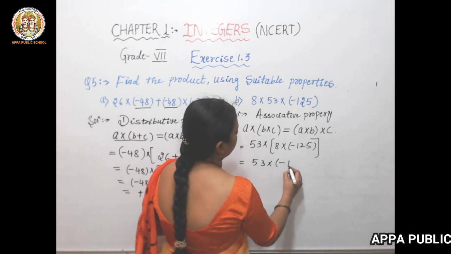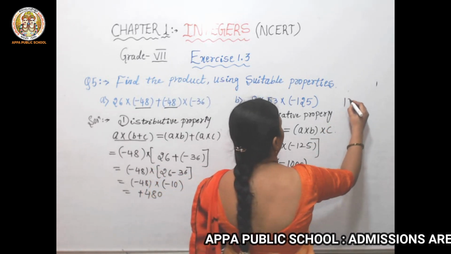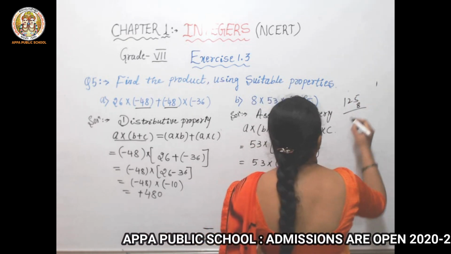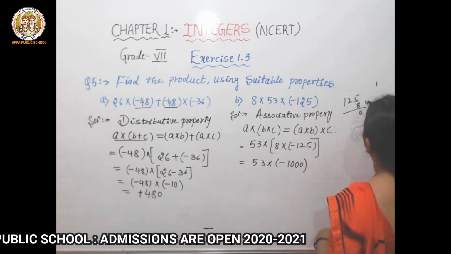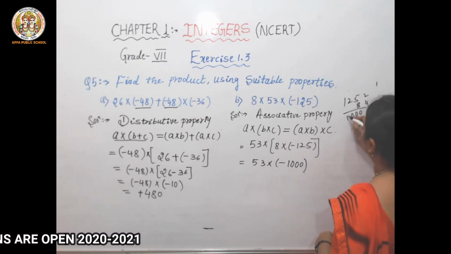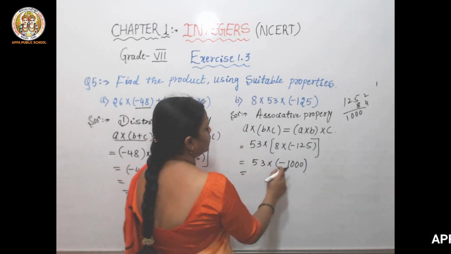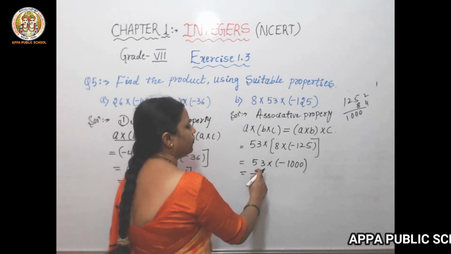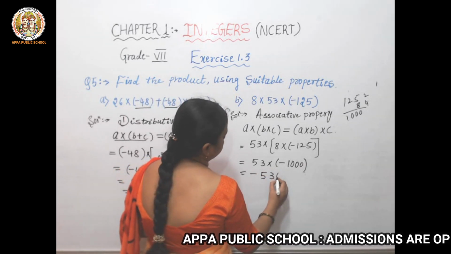It is 1000. 125 into 8: 8 5s are 40, 8 1s are 8, 8 2s are 16, it is 1000. Now you see, plus into minus is minus, 53 into 1000. It is minus 53,000.